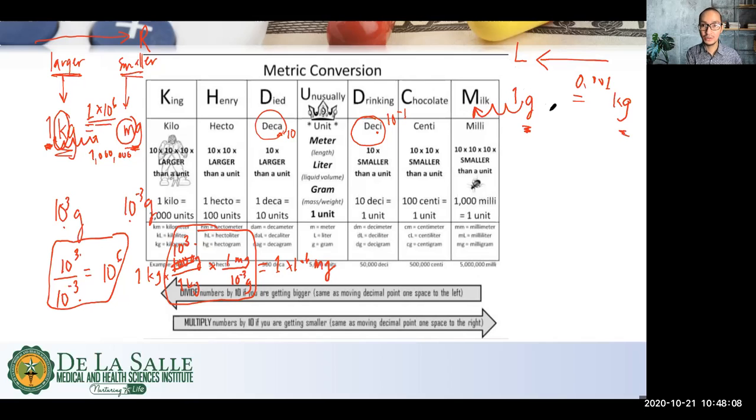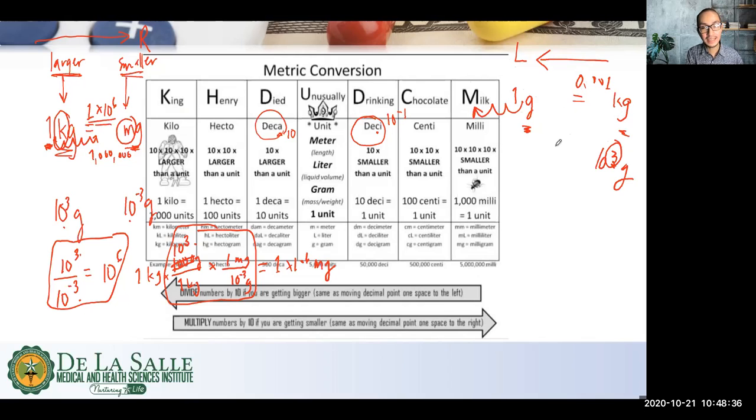We know that a kilogram is 1,000 of the basic unit, which is the gram. So a kilogram is basically 10 to the 3 of a gram, so you will just be moving the decimal place 3 times to the left. The number here is the number of times that you will move the decimal place. So the answer is 0.001 kilogram.